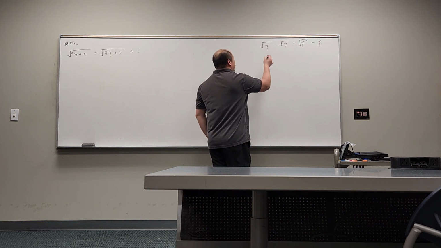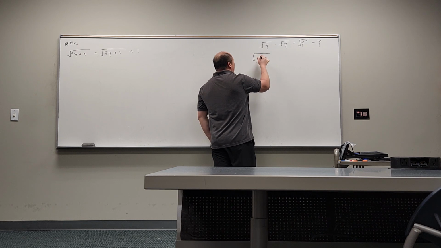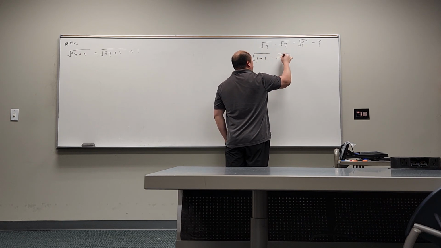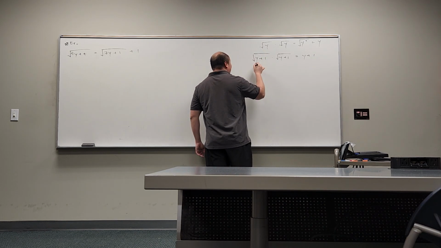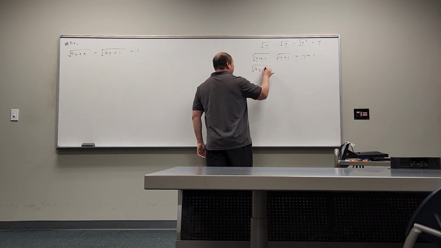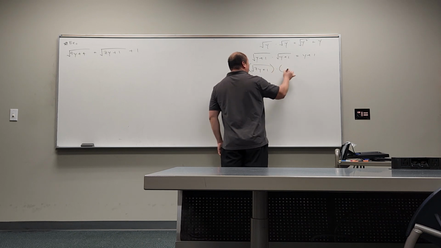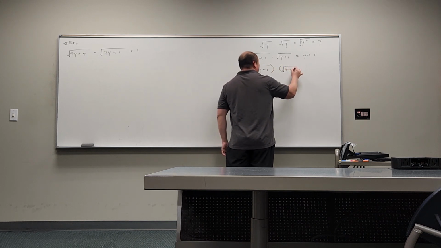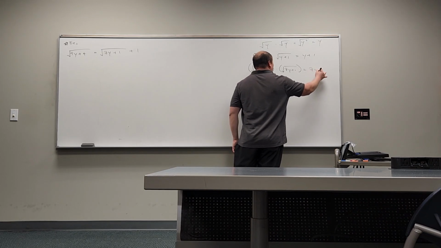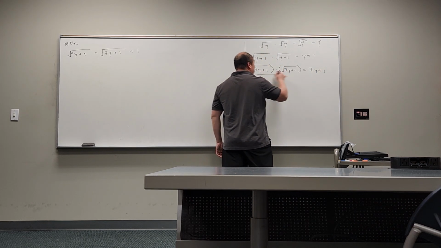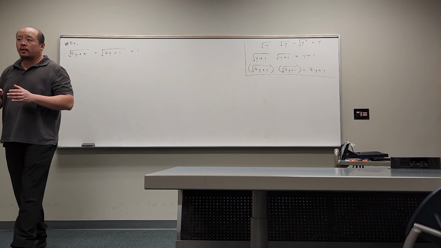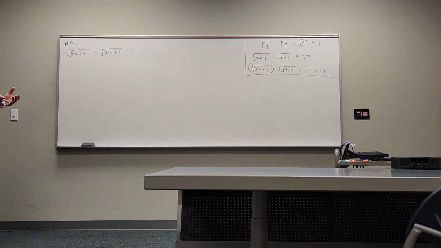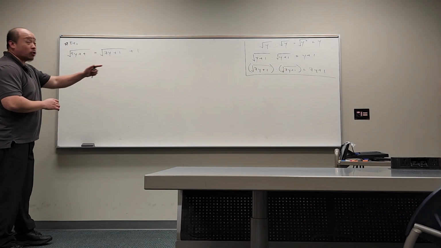So what that means is if I do radical y plus 1 times radical y plus 1, it will just be y plus 1. So in our case, if you have radical 7y plus 1 times radical 7y plus 1, it will just be 7y plus 1. This is always going to be true. Radical of something times radical of the same thing, you just lose the radical. That's all. And that's going to be important for this thing.